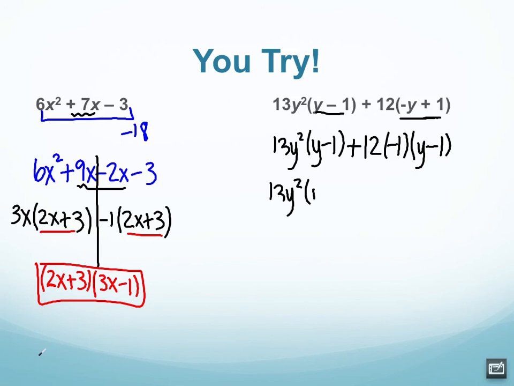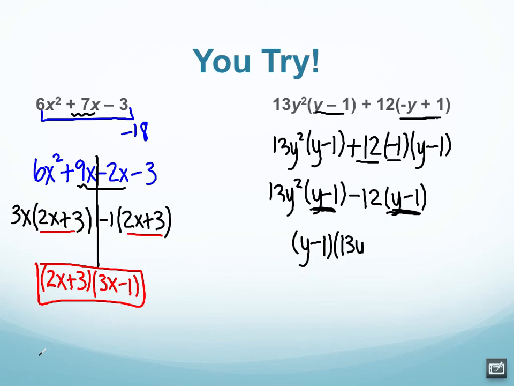I'm going to simplify a little so that I don't have that positive 12 and negative 1. 12 multiplied by negative 1 is negative 12, and then y subtract 1. Now I notice my two sets of parentheses match, so I'm going to rewrite those. Second set of parentheses becomes the 13y squared subtract 12. And this is the final factored form.